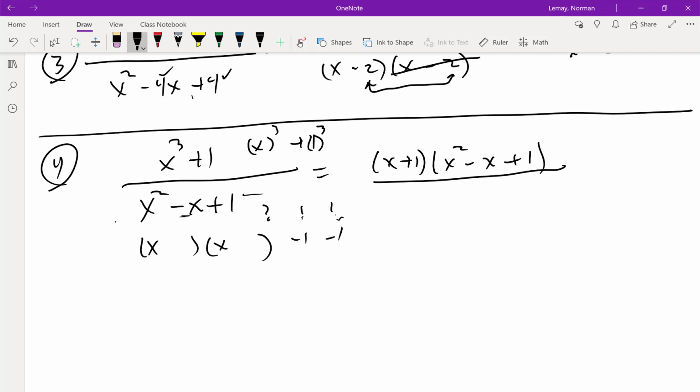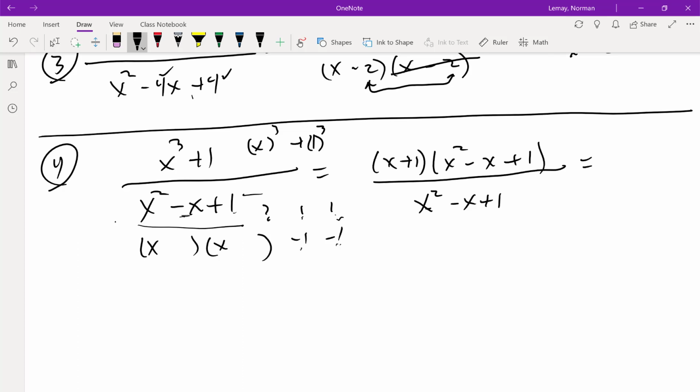Negative 1 times negative 1 gives us our positive 1, and negative 1 plus negative 1 gives us negative 2. That means this denominator polynomial is prime, so we can just write x squared minus x plus 1.